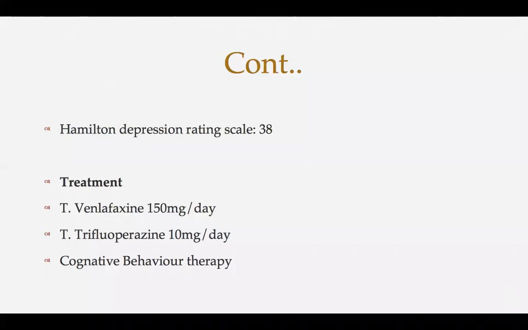The Hamilton Depression Rating Scale showed 38, again showing severe depression. The treatment given for her was venlafaxine, 150 mg per day, which is an antidepressant, and trifluoperazine 10 mg per day, along with cognitive behavioral therapy.